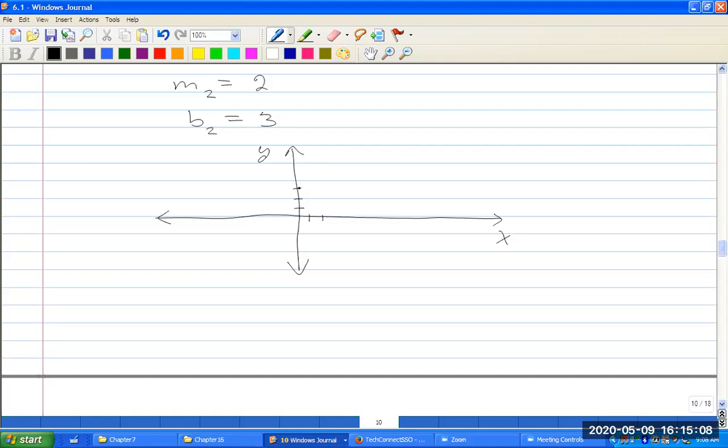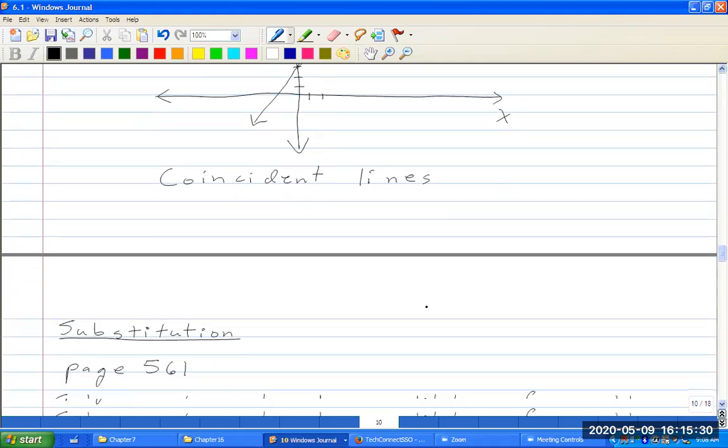So it looks something like this. The second has a y-intercept of 3 and a slope of 2. So they both look the same. So these are coincident lines. So in this case, we have an infinite number of solutions.